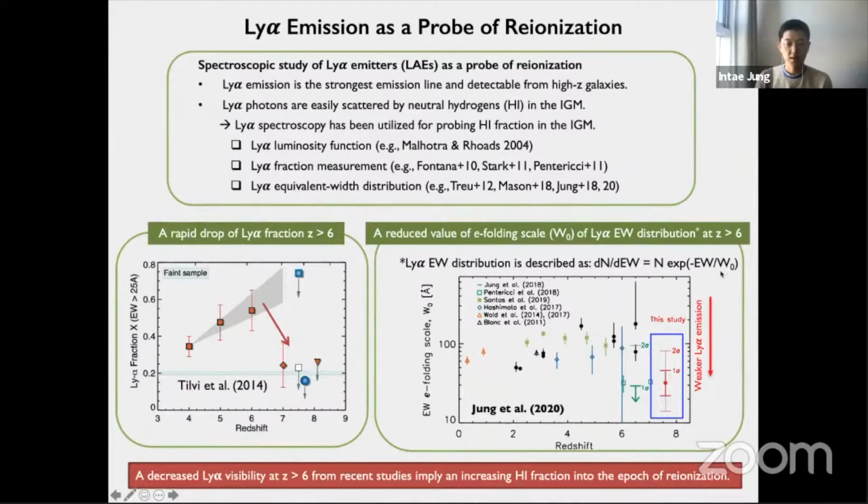So the characteristic value of W naught represents the Lyman-alpha strength statistically. In short, in the bottom figure, I'm showing the evolution of the equivalent width distribution from my previous study, which also suggests reduced Lyman-alpha equivalent width during the epoch of reionization at redshift of 6.